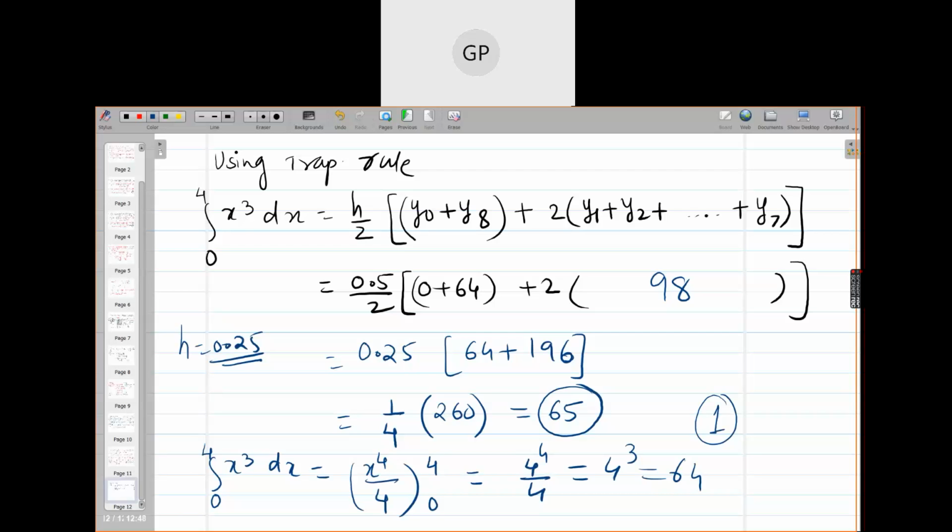Yes, ma'am. Okay, so this is your homework. Find integration 0 to 1 of 1 upon 1 plus x square dx using trapezoidal rule.